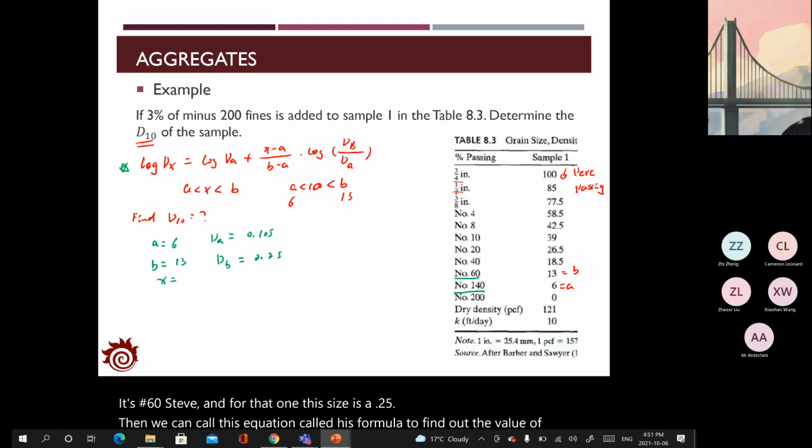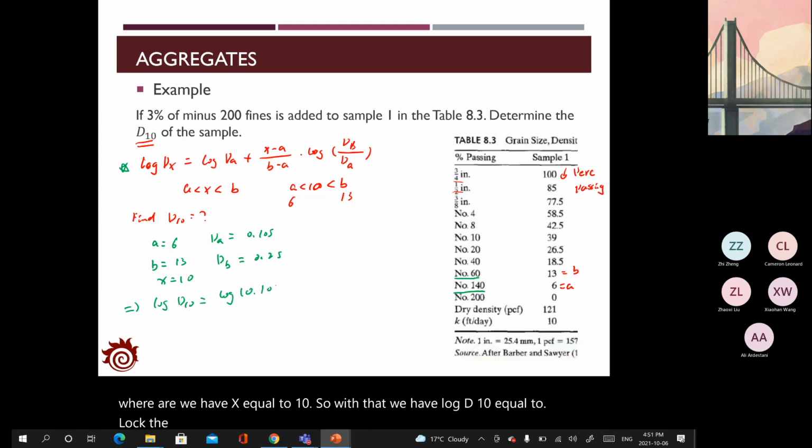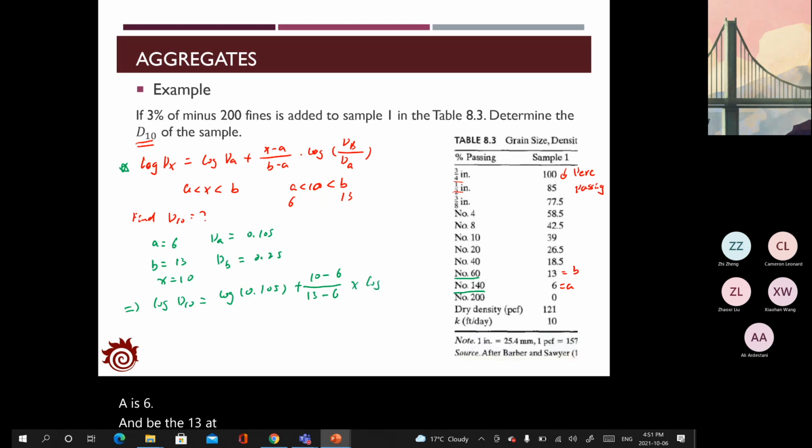We have x equal to 10. So with that, we have log D10 equal to log dA, which is 0.105, plus x minus a, where x is 10, A is 6, and B is 13, so that is 6 over 7, times log of dB, which is 0.25, divided by dA, which is 0.105.